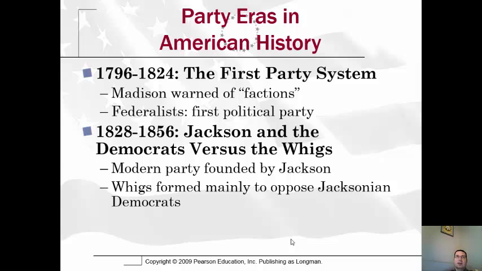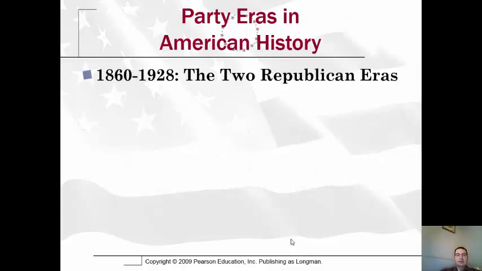And so a whole party just grew out of opposition to what Jackson wanted, right? And that party was the Whigs. So the Whigs grew largely just to oppose Jackson's policies.